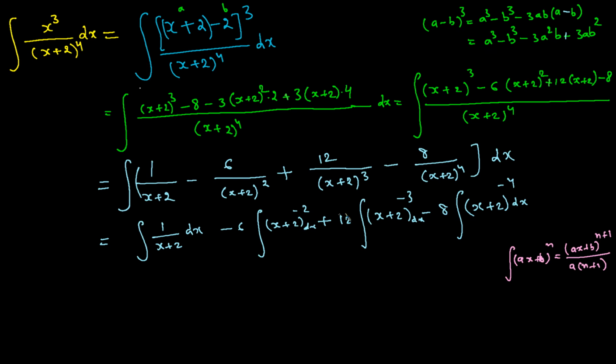Okay, so we're going to use the formula over here, and the integration of 1 over x is log x, and over here it's x plus 2, so we got log of absolute value of x plus 2.